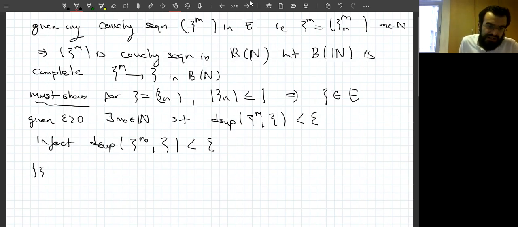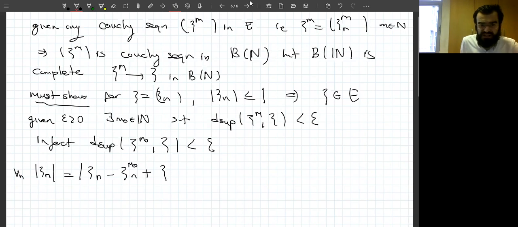Start like this. The absolute value of psi_n equals, for n, psi_n minus psi_n^m0 plus psi_n^m0.